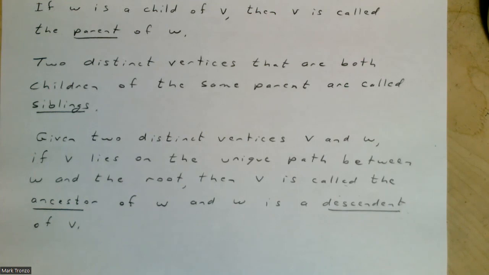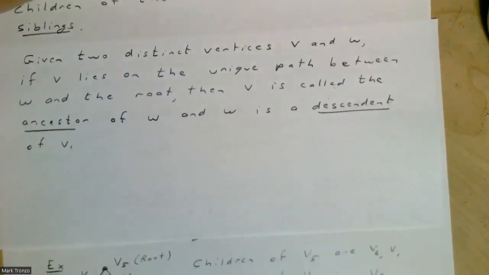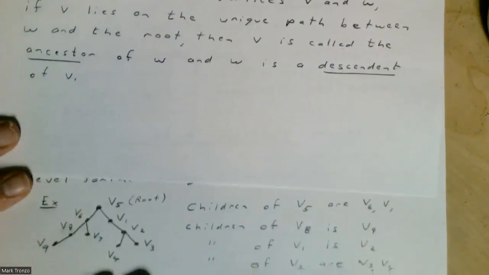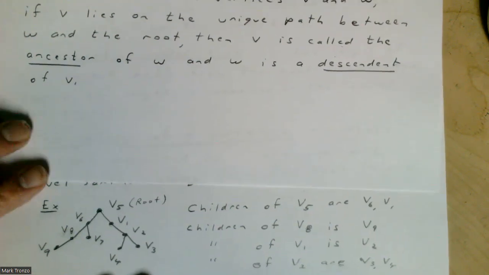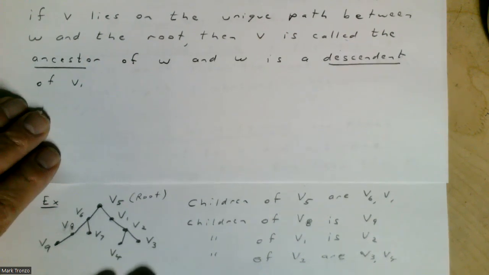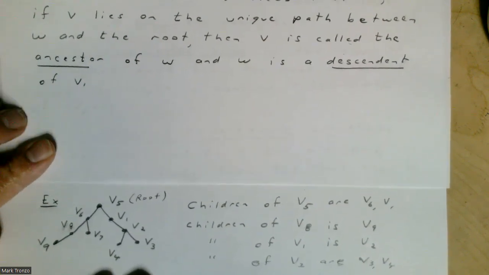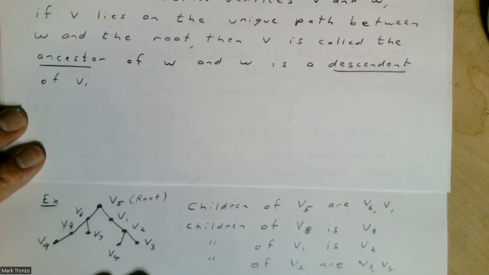Let me take a quick look at the drawing we had a minute ago. It says if V lies on the unique path between the root and W, then it's an ancestor.